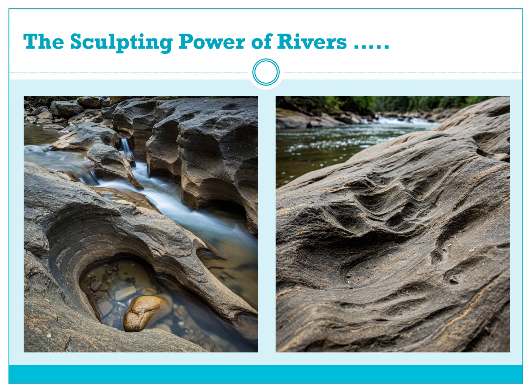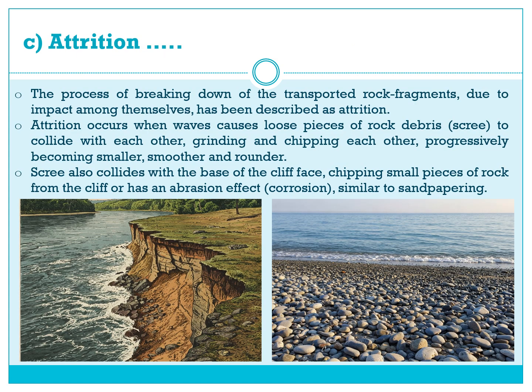Attrition. It is a process that shapes our coastline and geological landscapes. While erosion and weathering initiate the breakdown of rocks, attrition takes over, acting like a sculptor that refines and transforms these fragments into the smooth, rounded forms we often see.